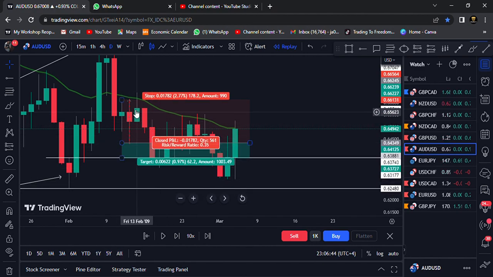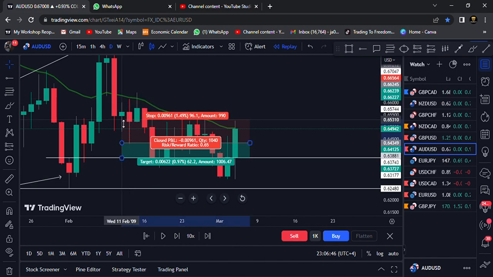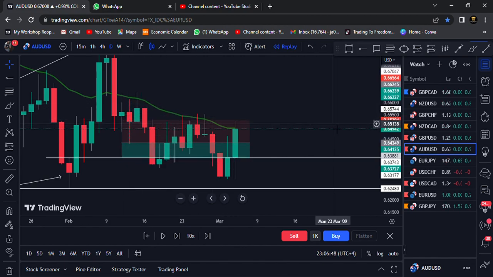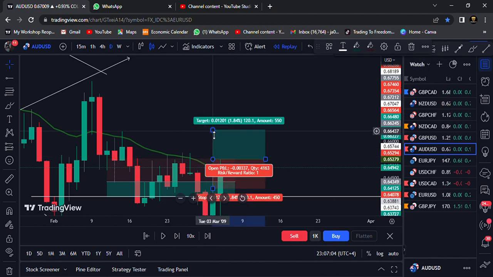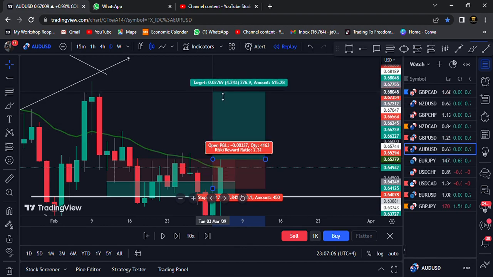I will put my stop loss here. Of course, I will put my stop loss here. So it's a bad trade, but which turned out to be profitable. And so if now we say we found this as a buy, because actually it's a buy signal, then we want to take our profit here.